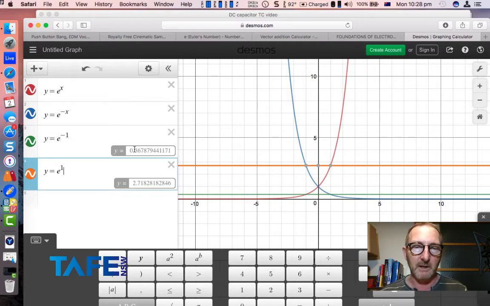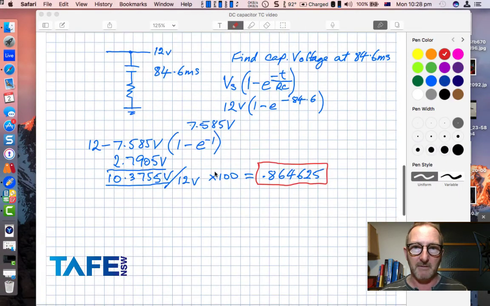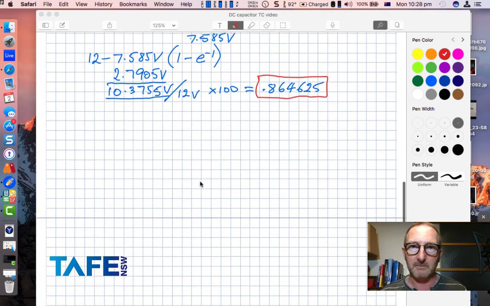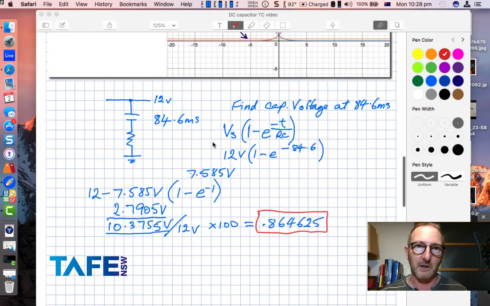And of course we learned that 0.367, we have to subtract that from 1 to get our growth number, which was 0.632.